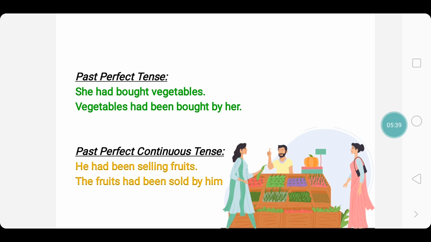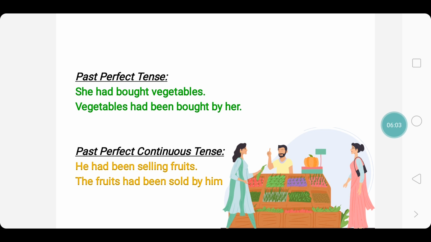On to past perfect continuous tense. He had been selling fruits. This gets transformed as the fruits had been sold by him. Look children, the continuous tense cannot be shown in passive voice for past perfect continuous tense also.